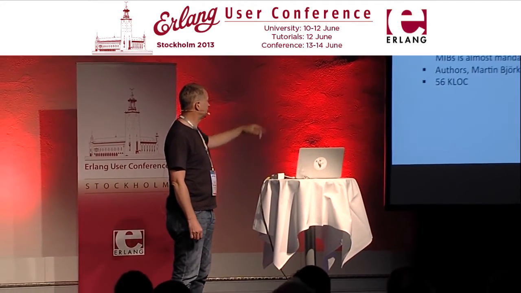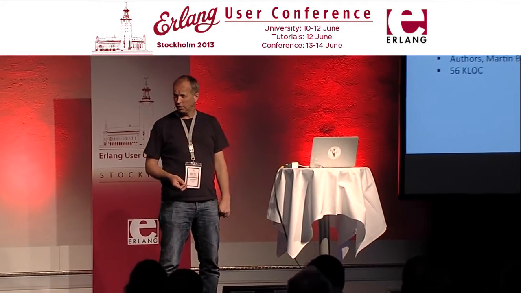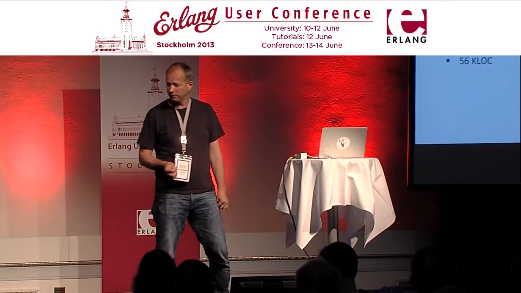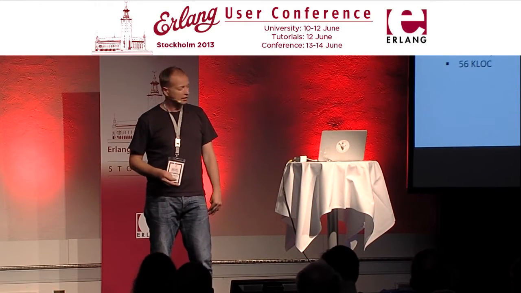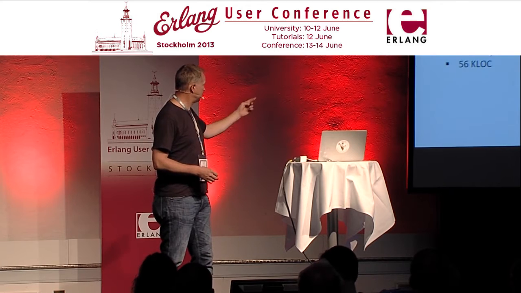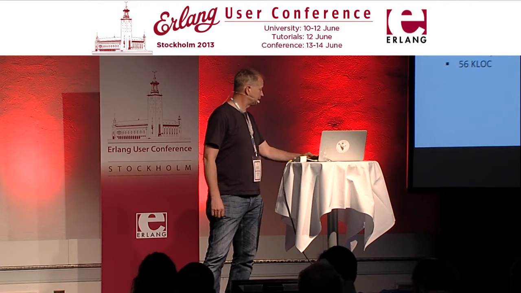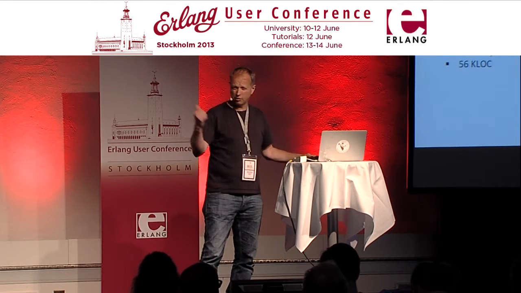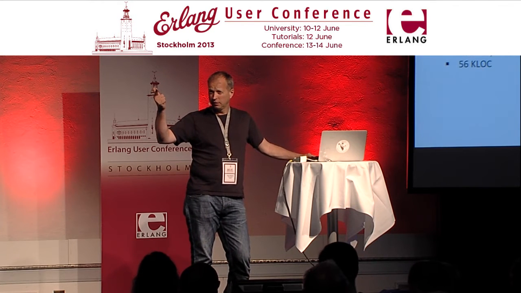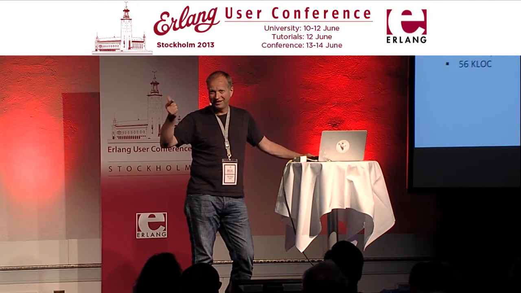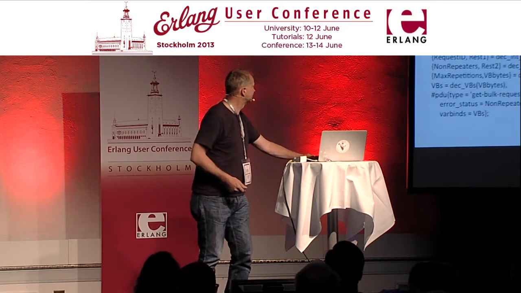Authors, Martin Björklund, Claes Wikström, and Peter Högfeldt, who used to be an active member of the Erlang community, participated as well. 56,000 lines of code. And this is the compiler, the client, or the manager, I should say, and the agent, the server.